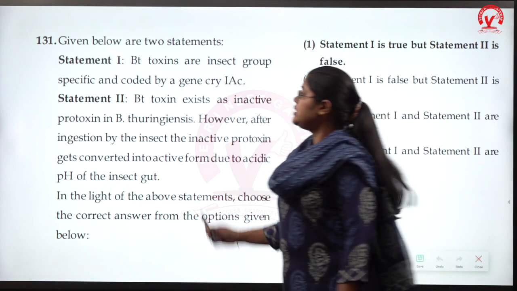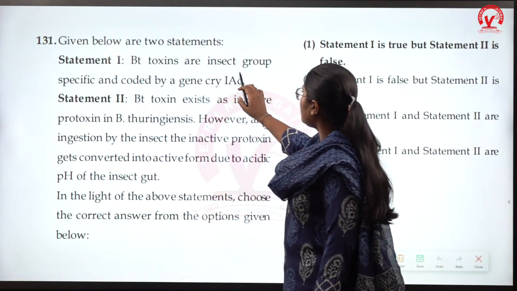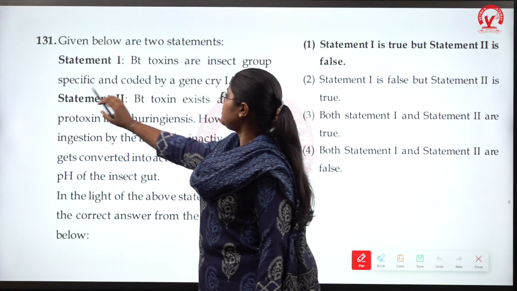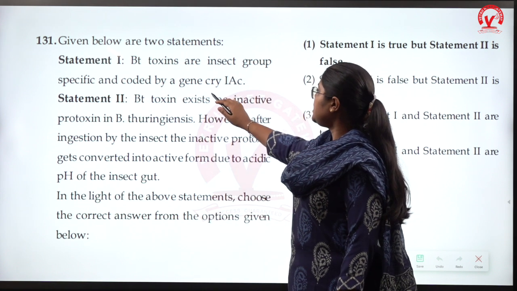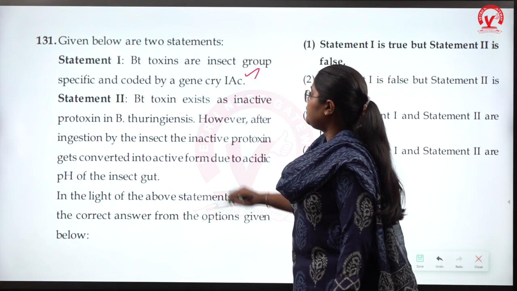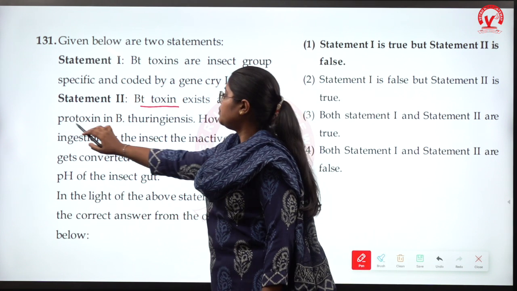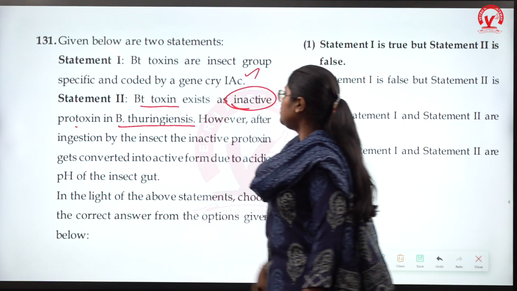So next question, statement type questions they have given. First statement, Bt toxins are insect group specific and coded by a gene cryIAc. So this is a correct statement. Next, Bt toxin exists as inactive protoxin in Bacillus thuringiensis.